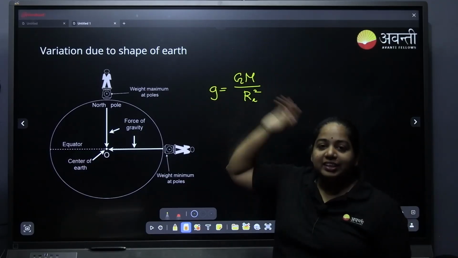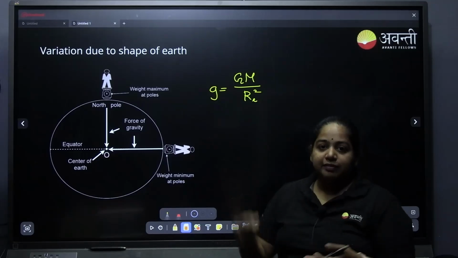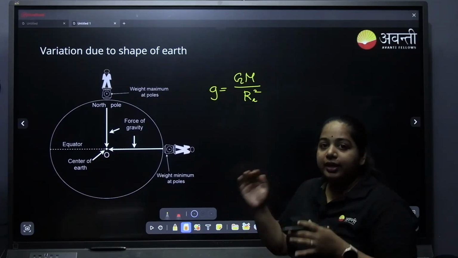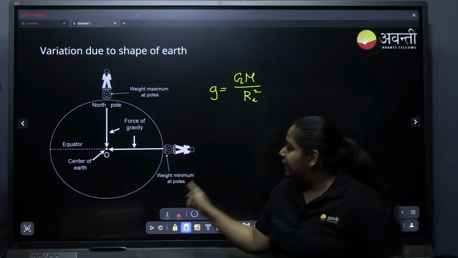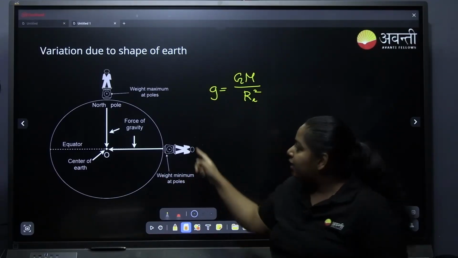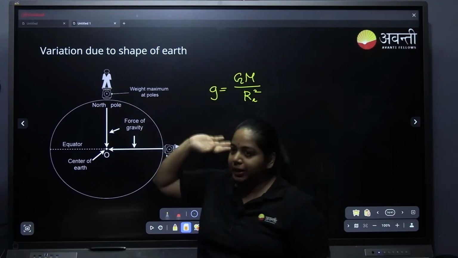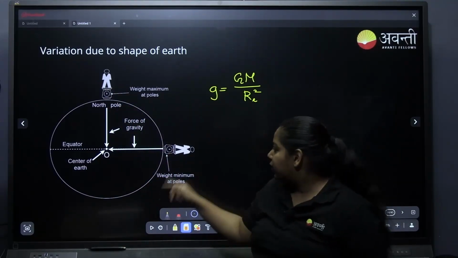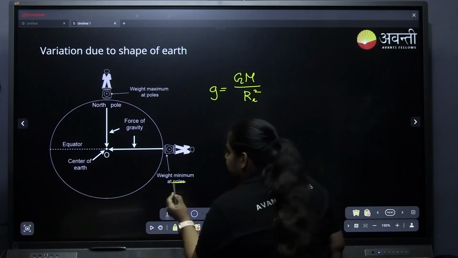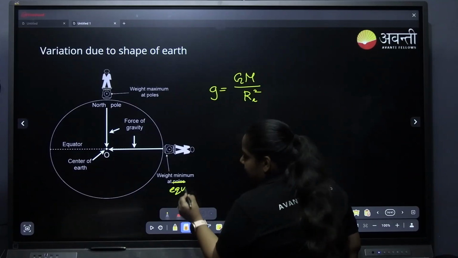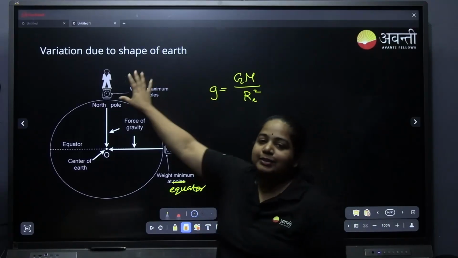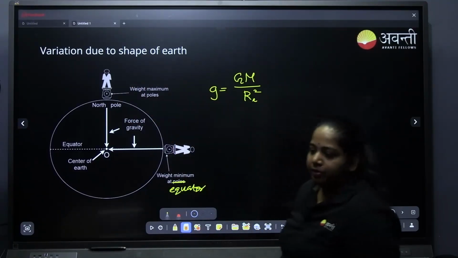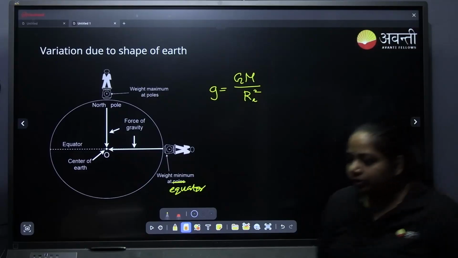So when radius increases, g will decrease, and when radius decreases, g will increase. That's why minimum weight is at the equator and maximum weight is at the poles. I hope you are clear.